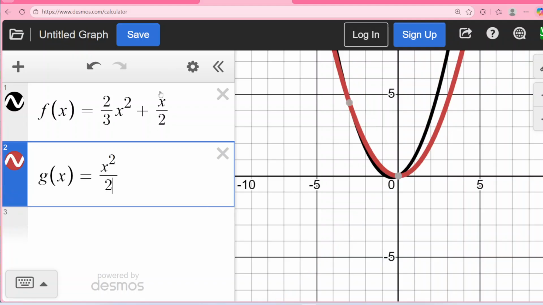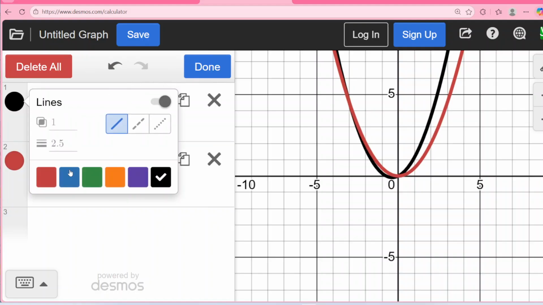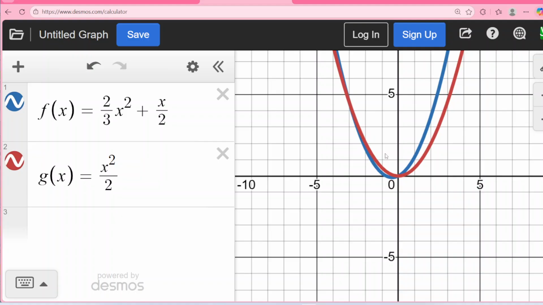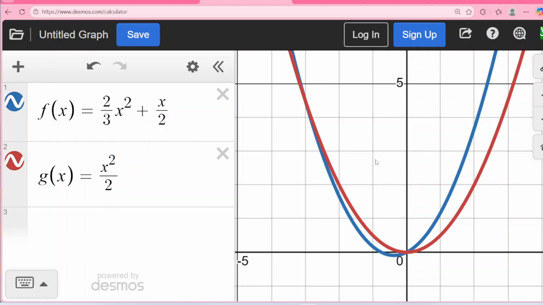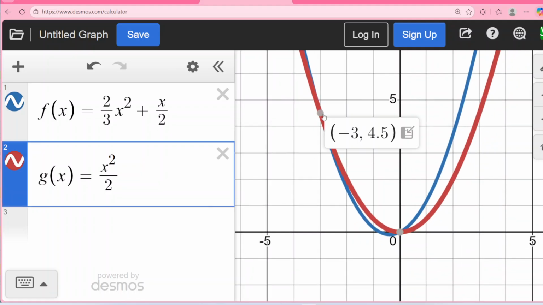I'll change the colors up here, red and blue maybe. You see when you click on them, they do point out where they meet. There's -3 and then 9/2, at -3, 4 1/2, and then here's 0, 0.